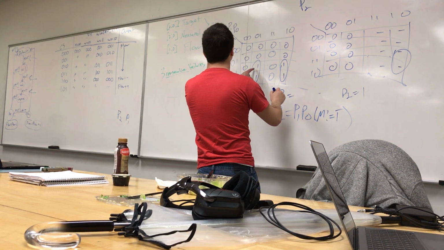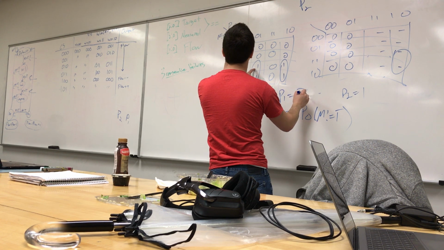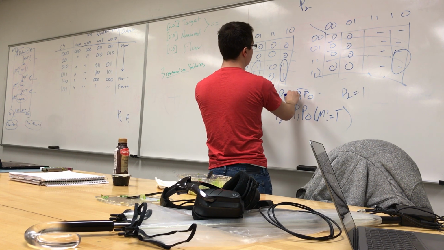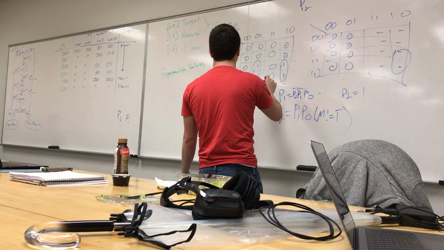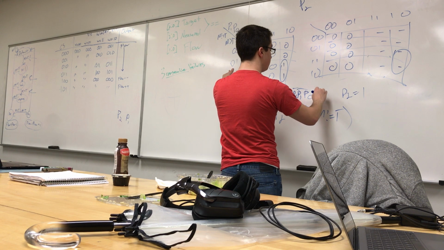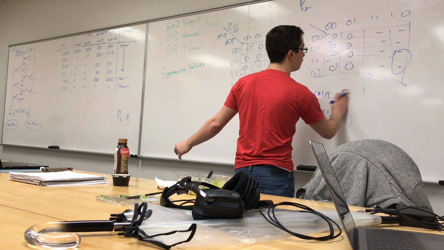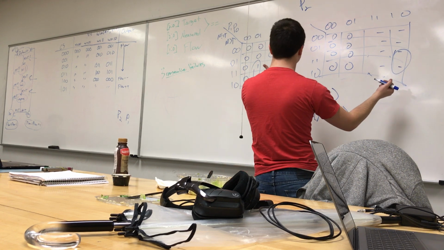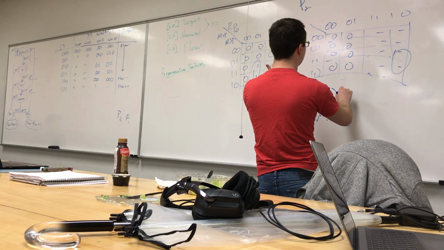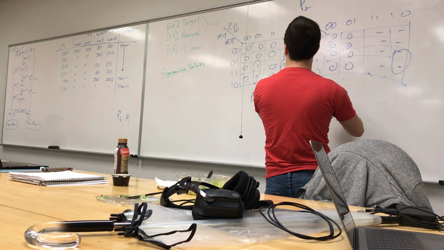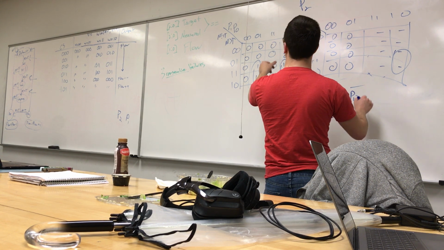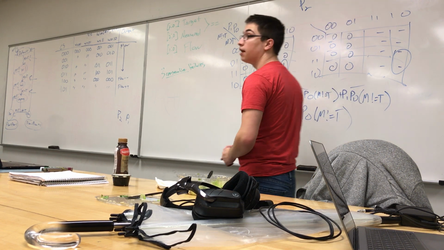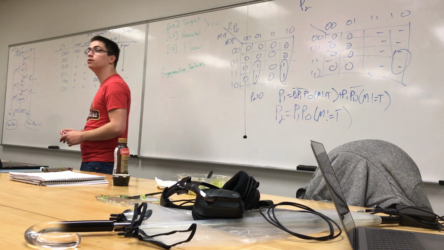So P1 is P1 not P0, and again, this is where P2 is 0 as well, so we have a P2 not, because this one's not across the maps, and then M does not equal T. And then P2 is 1 right here, but we're across the map, so we have or P1, P0 not, M does not equal T. And we're done.